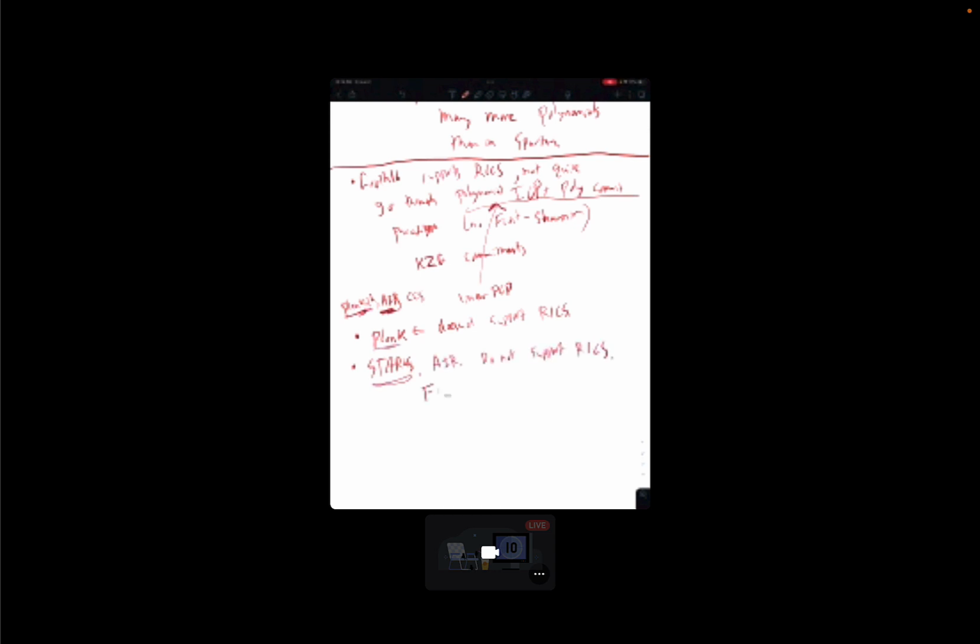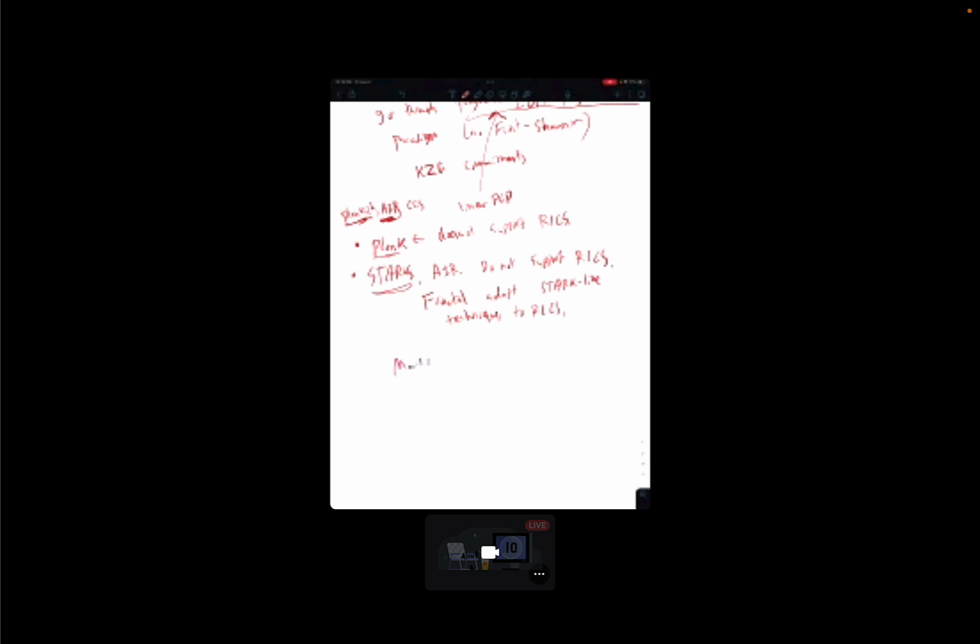If you look at the paper Fractal, roughly speaking, the point of Fractal is to adapt STARK-like techniques to R1CS. What it did was take Marlin, which works for R1CS, and replace KZG commitments with FRI, and then did some optimizations specific to using FRI, things that make sense to do with FRI but not with KZG commitments.